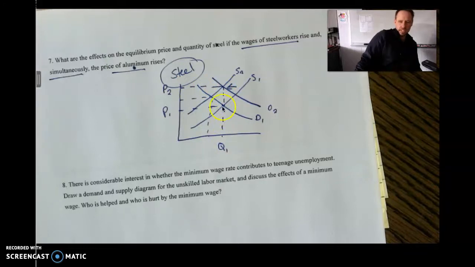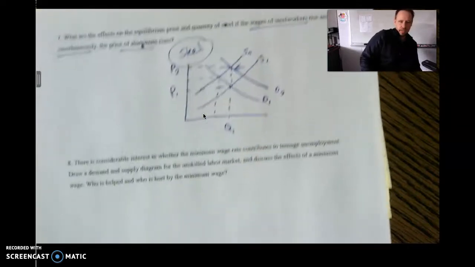The quantity is going to be indeterminate. The only way you could figure that out is if you knew which one was rising more substantially. But for this sort of problem, we would just say it's undetermined or indeterminate. I hope that helps.